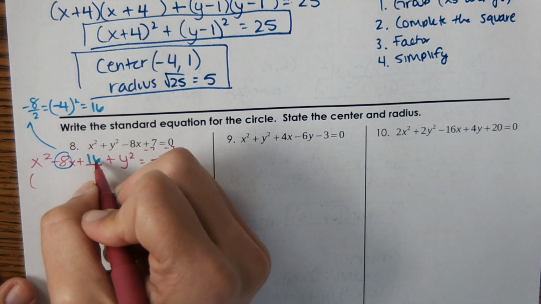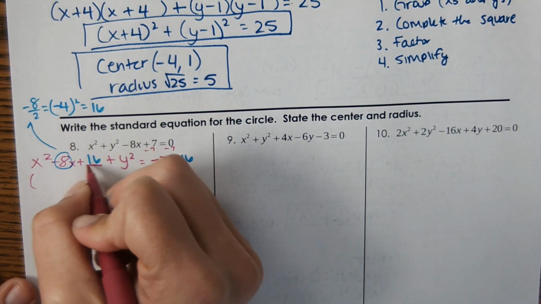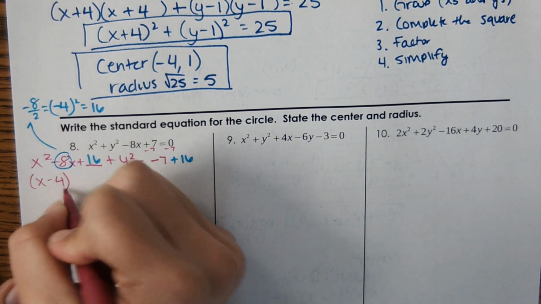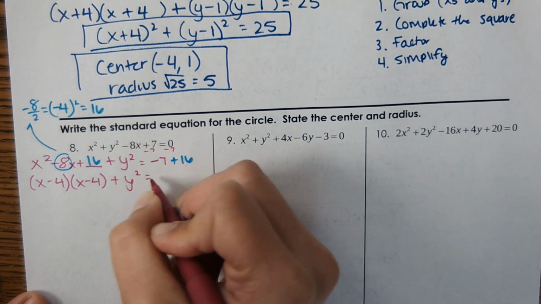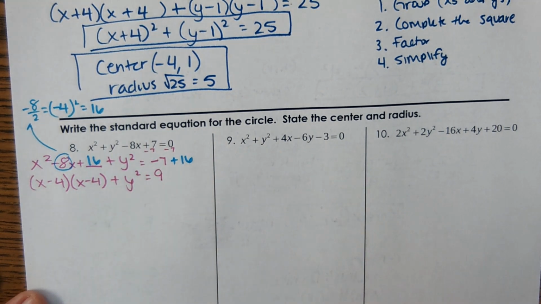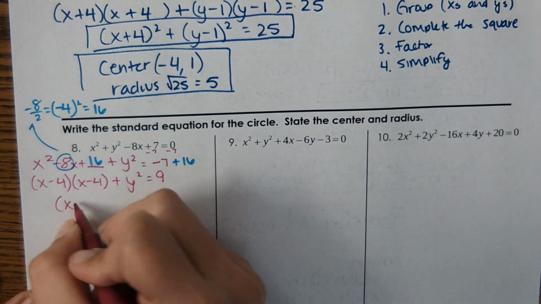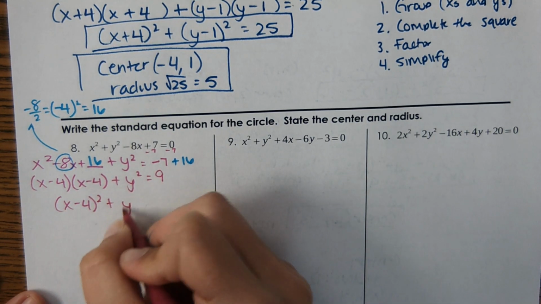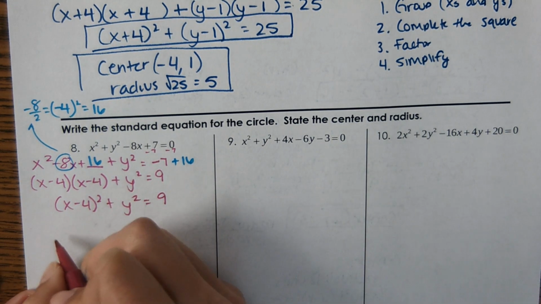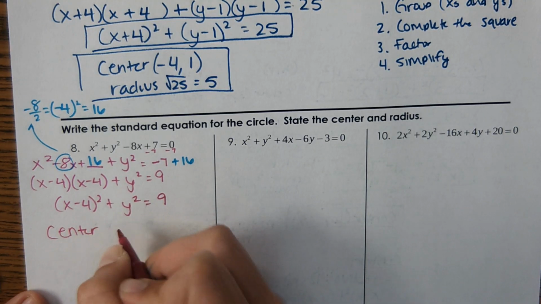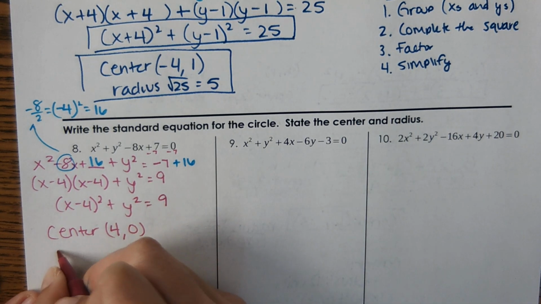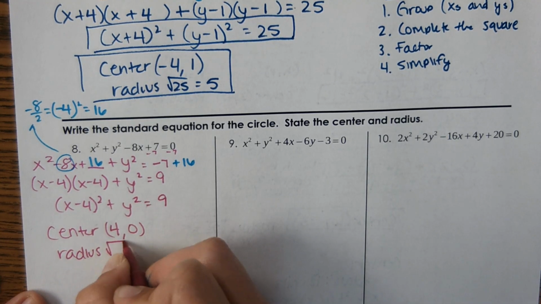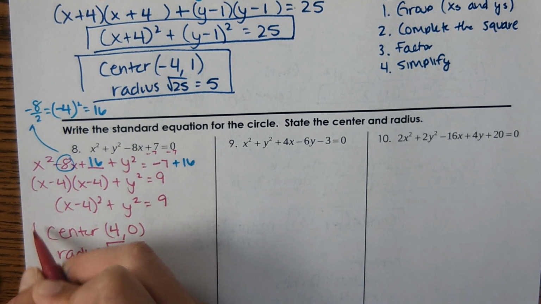So two numbers that multiply to 16 add to negative 8 would be negative 4 and negative 4. So we get (x minus 4) squared plus y squared equals 9. Our center would then be positive 4, 0, and our radius, square root of 9 equals 3.